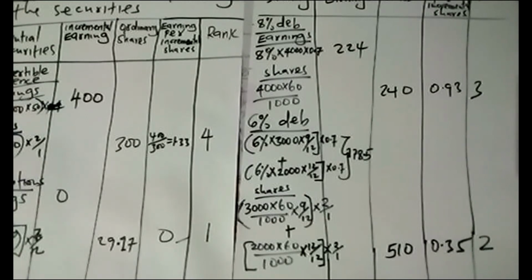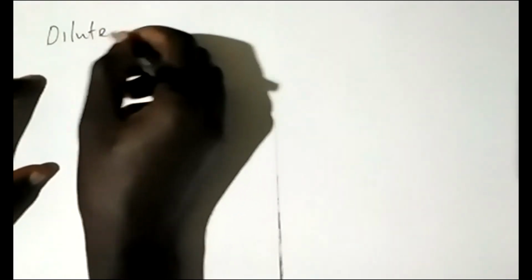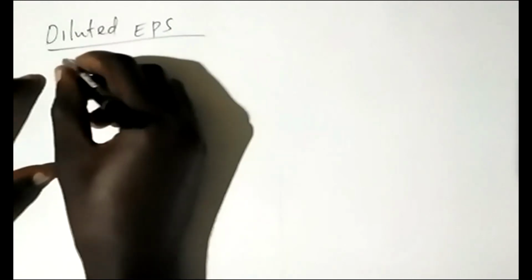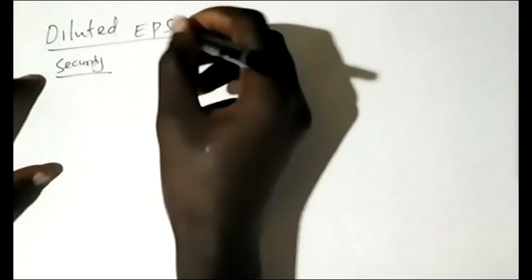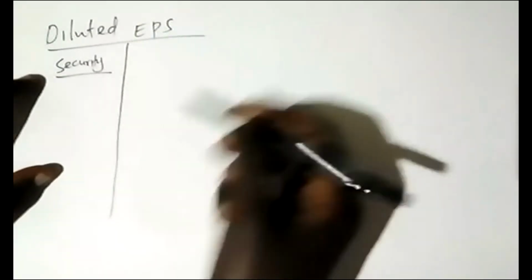So the last step is now to do the diluted earnings per share. So for diluted, you draw 3 columns.